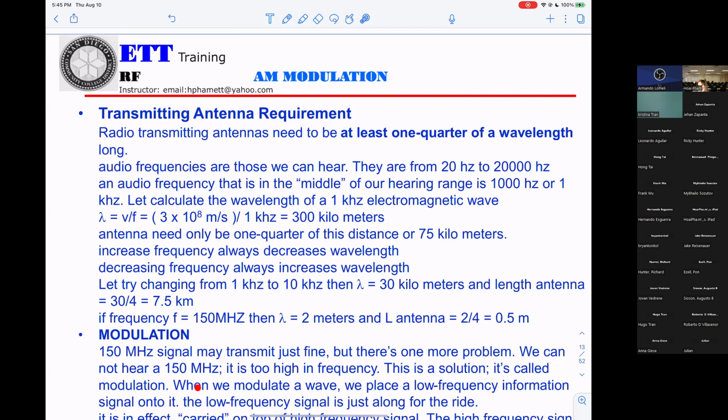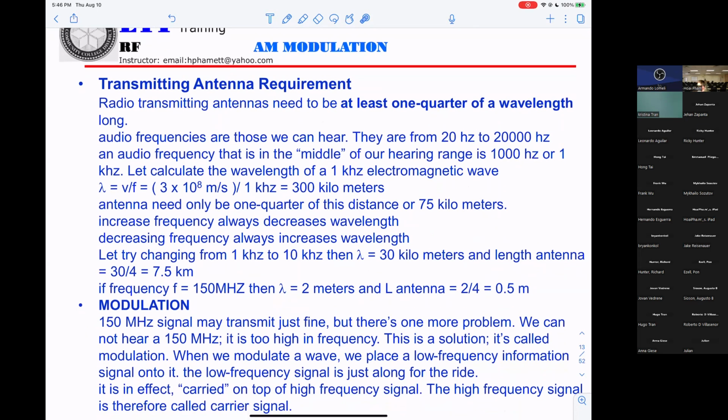When we modulate a wave, we place a low frequency information signal onto it. The low frequency signal is just along for the ride. It is in effect carried on top of the high frequency signal. The high frequency signal is therefore called the carrier signal.